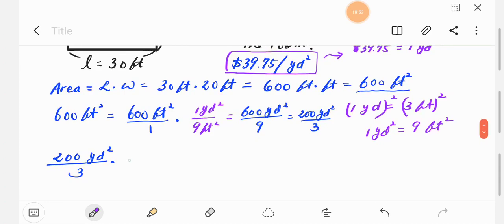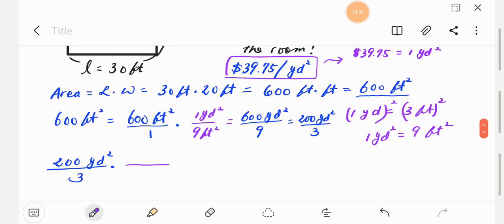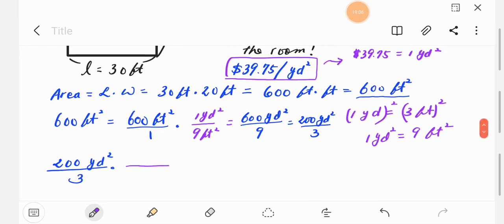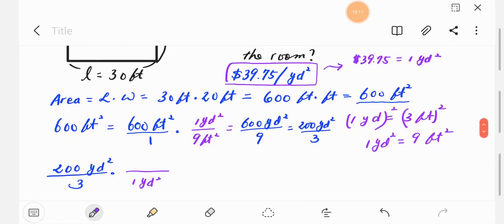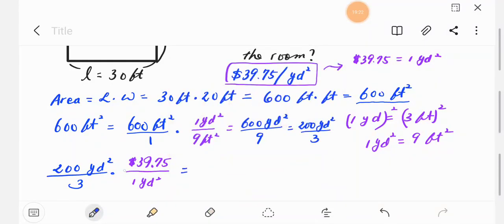Okay. So we're gonna write a conversion rate, which is 1. We wanna remove this square yard, so we need this 1 square yard in the denominator. And the numerator is the price, 39.75. Okay, so you can now cancel out the square yard.